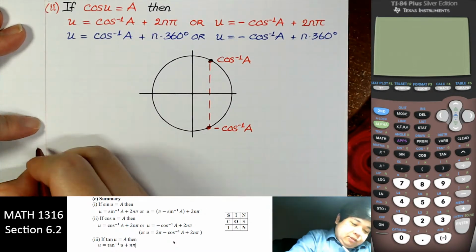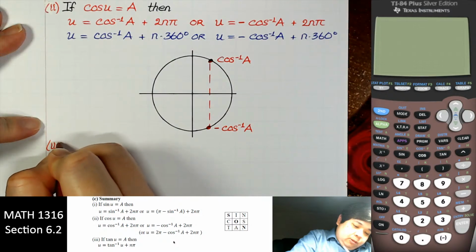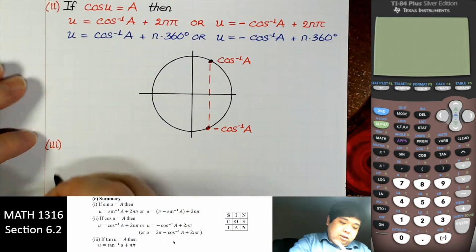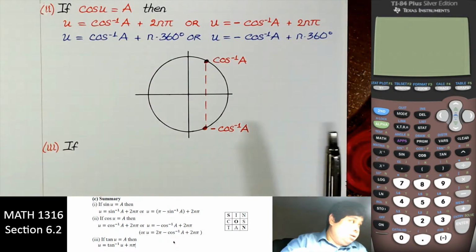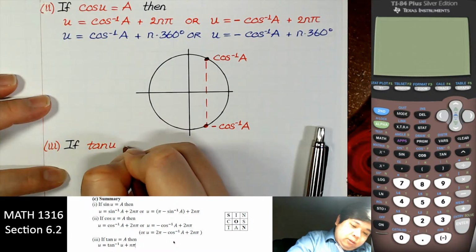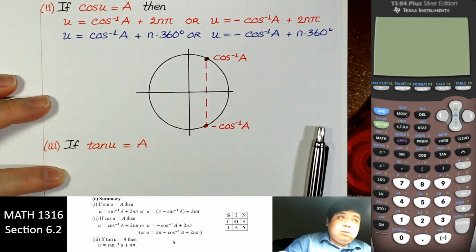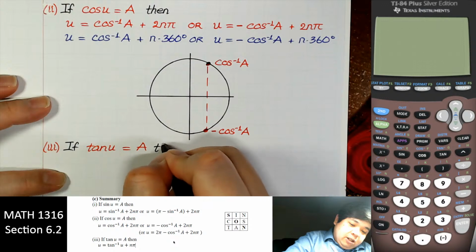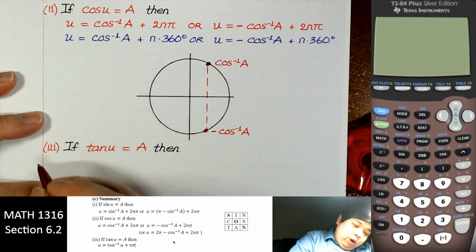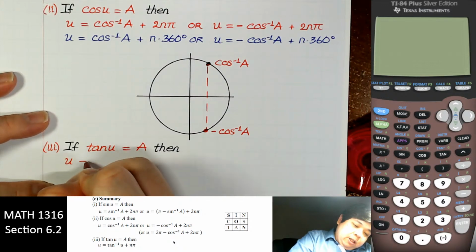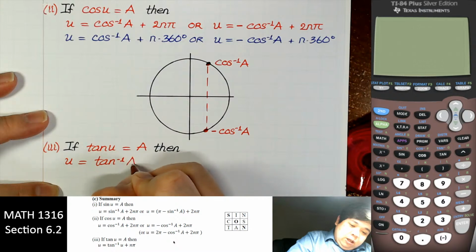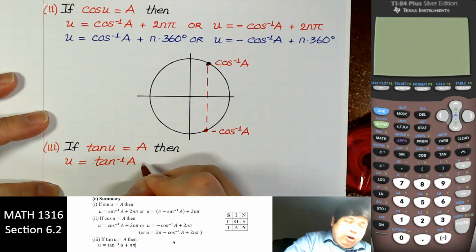Number 3. Now we have tangent. If we have that, then we will have u equal to tangent inverse of A. Right.